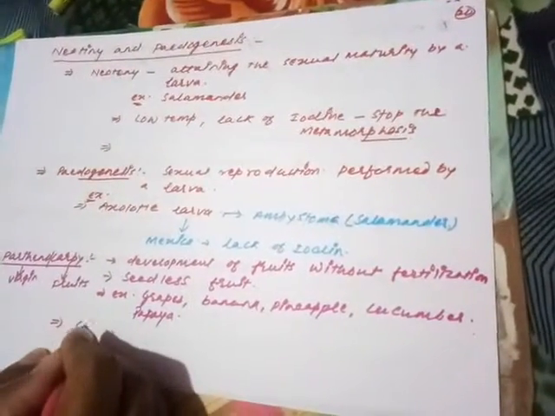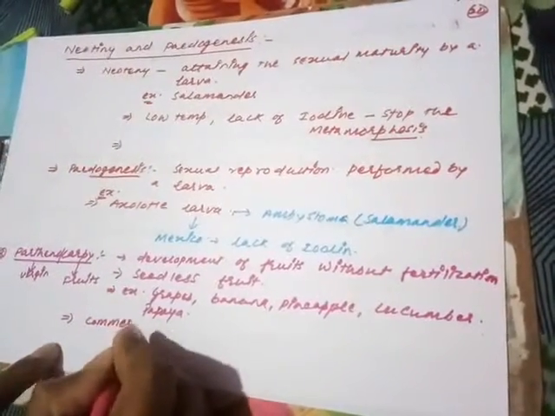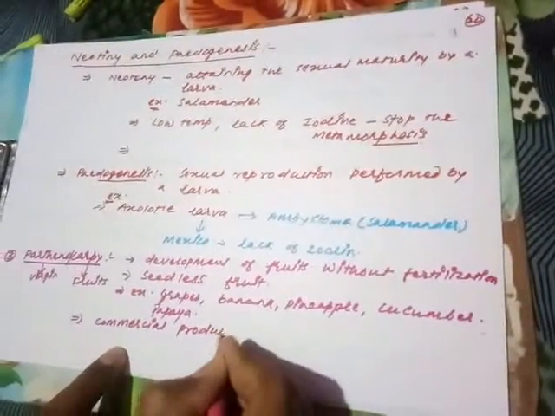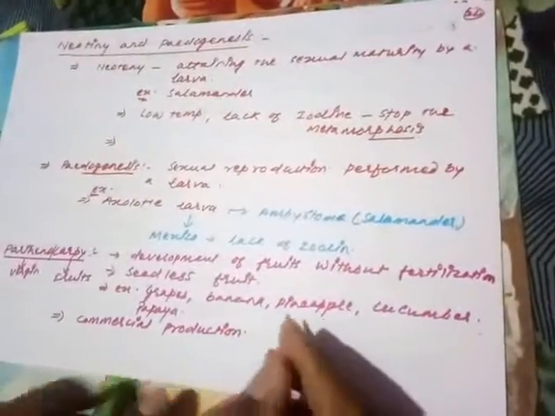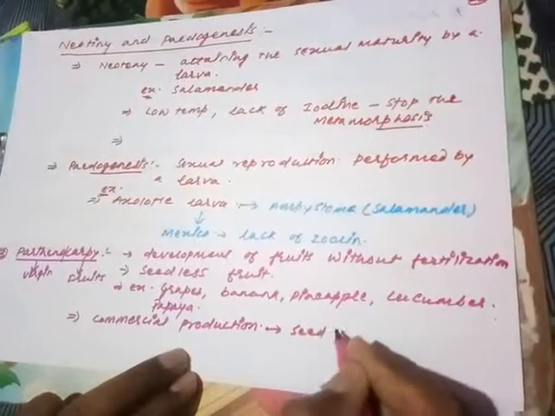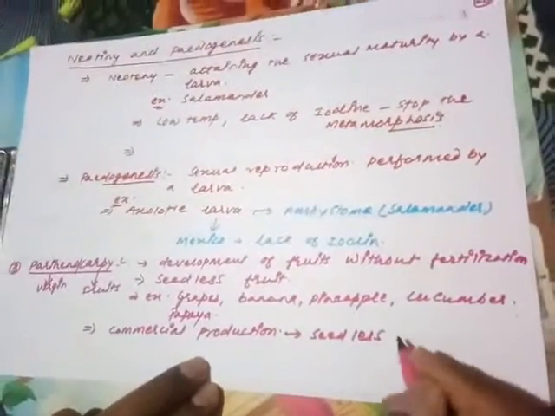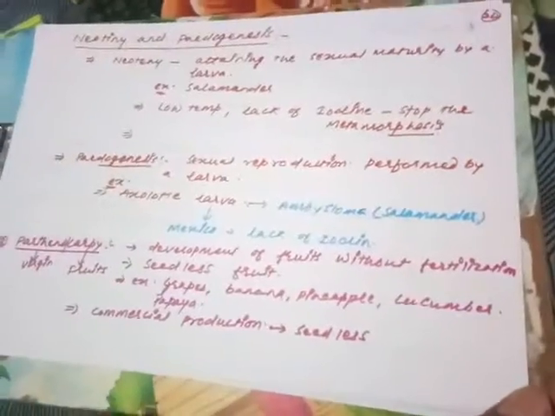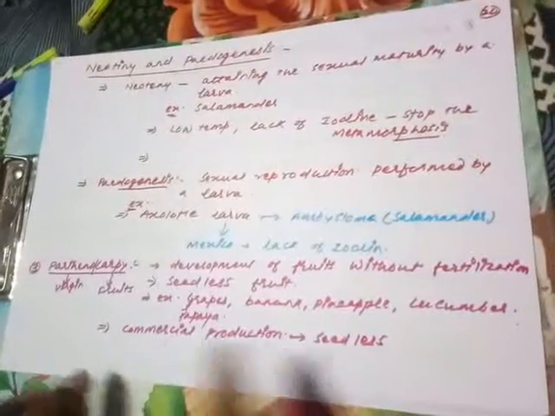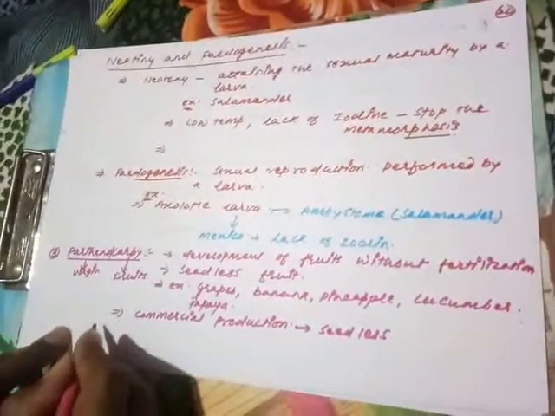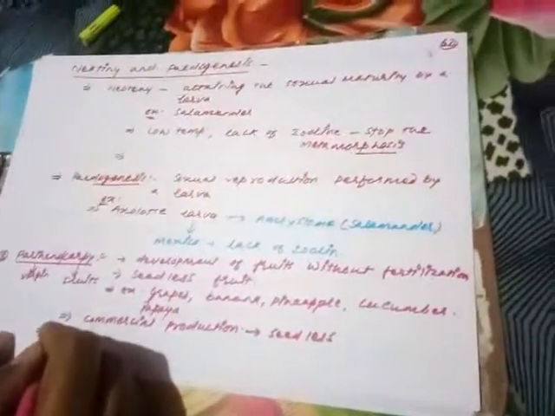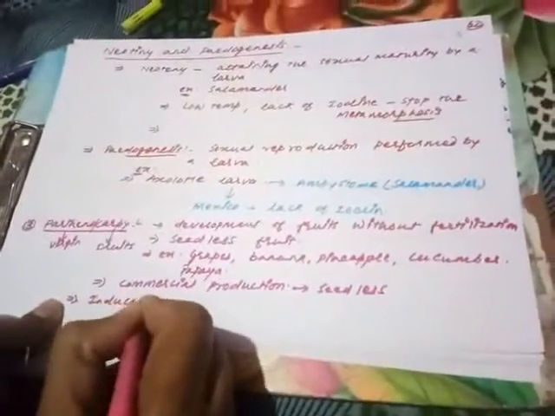Means what? For commercial production of these fruits, seedlessness is a desired property; the fruit must be seedless. So whatever fruits we have without seed are being produced by parthenocarpy. How is parthenocarpy induced? Go.